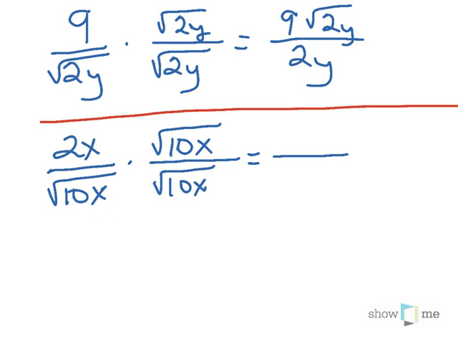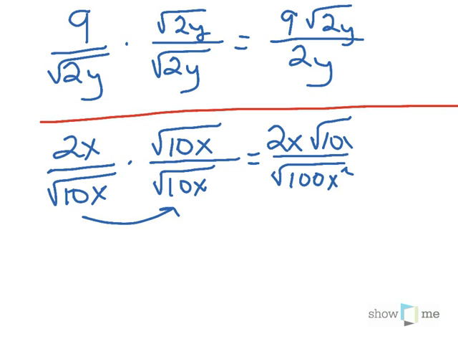When you multiply these, they become the square root of 100x squared. On the top, outside, 2x, inside, square root of 10x. Okay, I can simplify the bottom. I know the square root of 100 is 10, and the square root of x squared is x. On the top, I still have 2x square root of 10x.